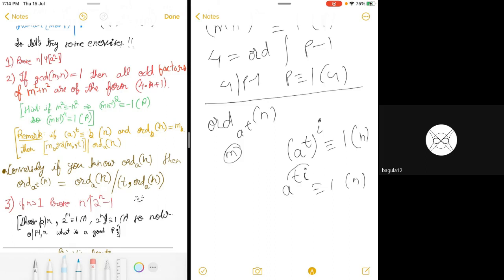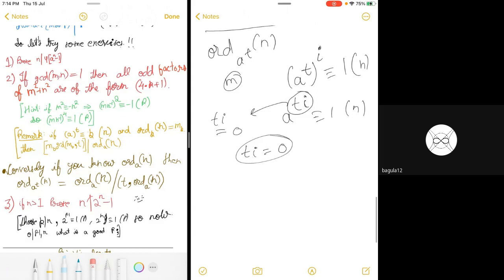So ti should be divisible by the order, and i is the minimum such number such that ti is divisible by the order.